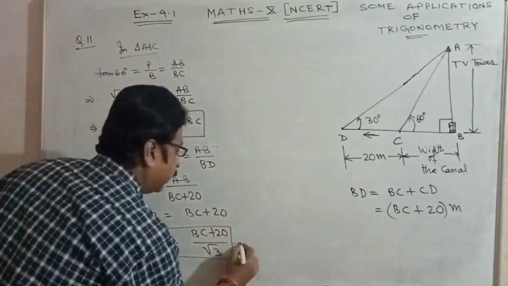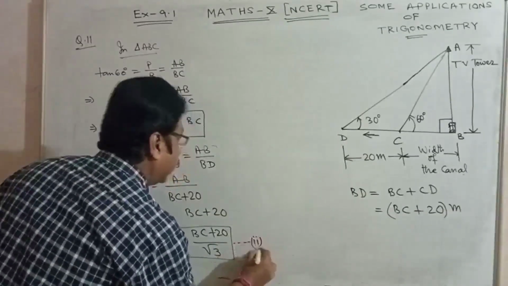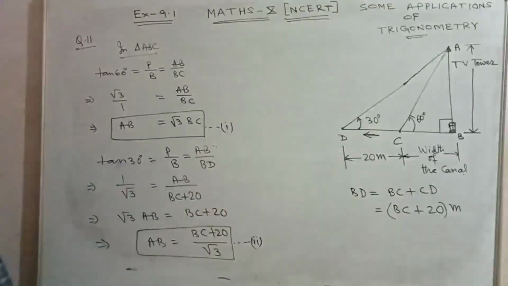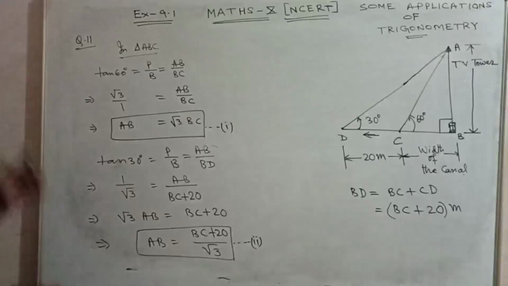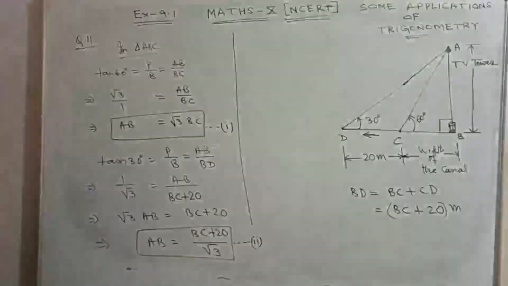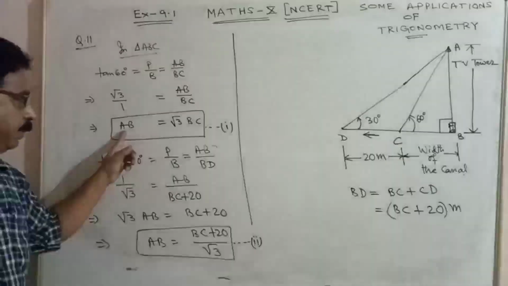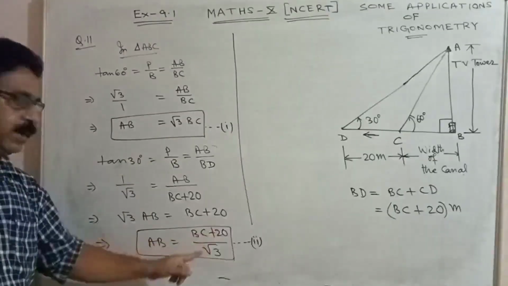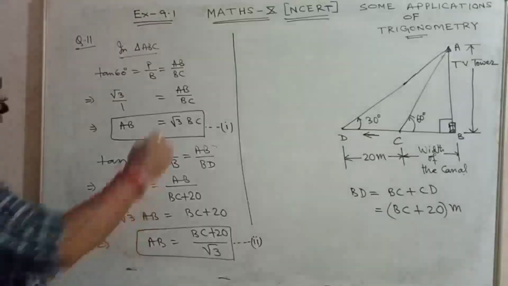Suppose this is equation 2 and this is equation 1. It is AB equals to root 3 BC, AB equals to BC plus 20 upon root 3.